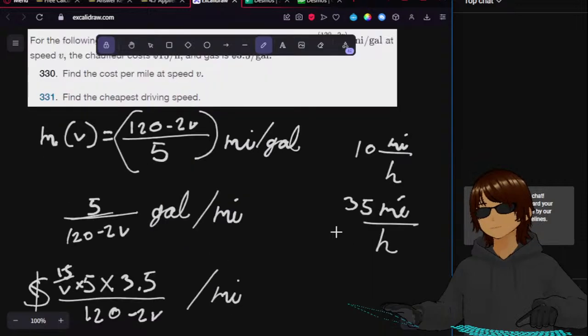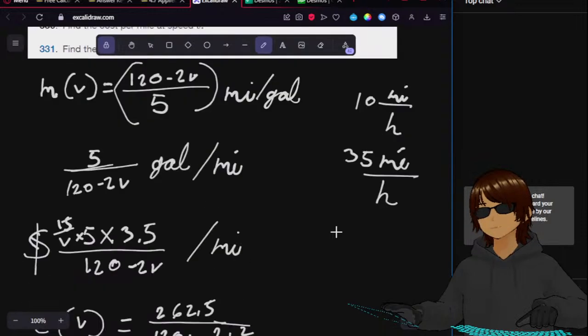Then for 1 mile, the chauffeur cost 15 over 35, I think.